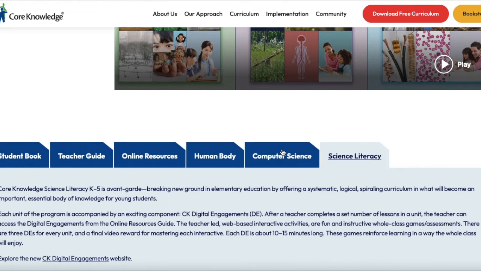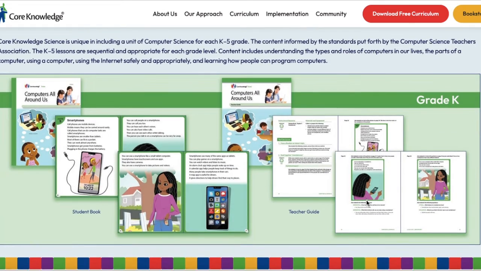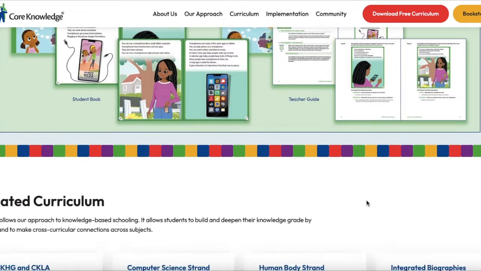So in the past year or so, they've added computer science, which we've started implementing this summer. We used it, and I think we did kindergarten, or we did 1st grade, 2nd grade, and 3rd grade. Because again, I love that Core Knowledge actually has it at grade level, which is appropriate for the child to be learning, and it's written to that grade level, which I think is really helpful.